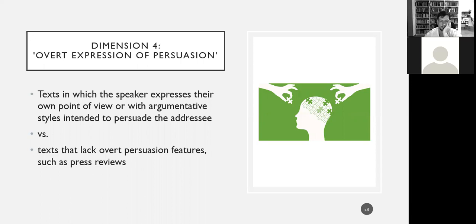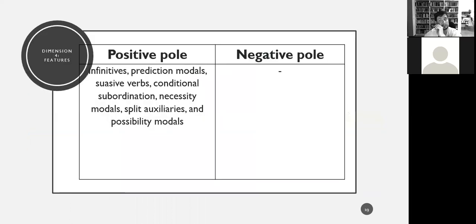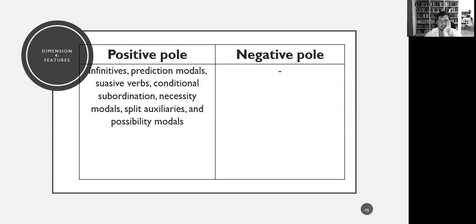And on the negative pole, texts that lack overt persuasion features, such as press reviews. And interestingly, there were no statistically significant features with negative loading on this dimension.